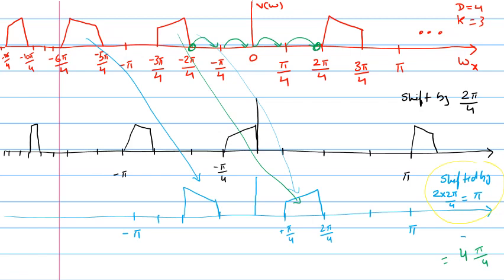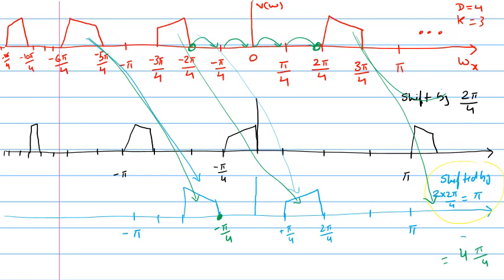This one will be shifted somewhere out of the band of interest, far away from pi, and this will be shifted to this location. This point is minus pi by 4. So that's the second shift.